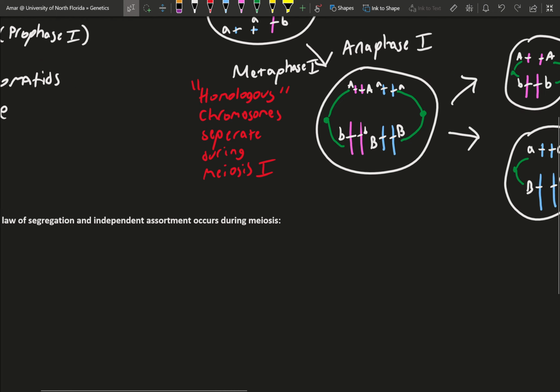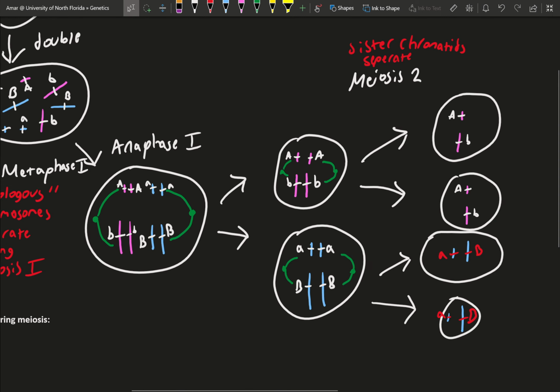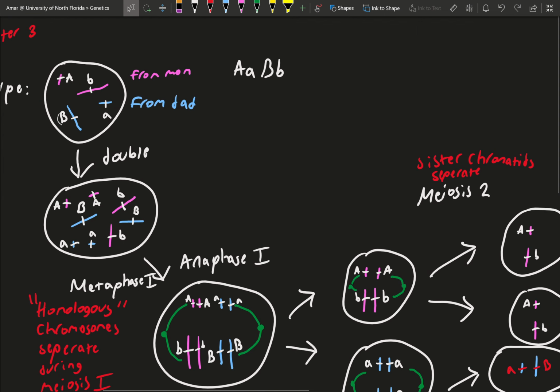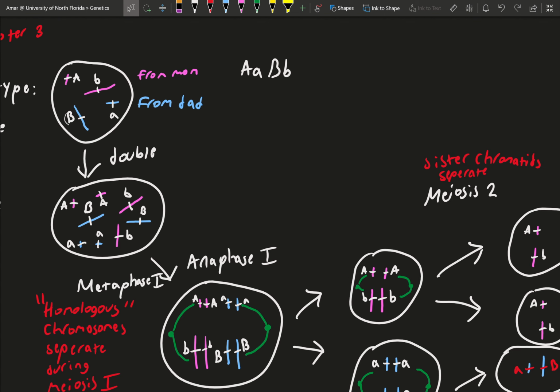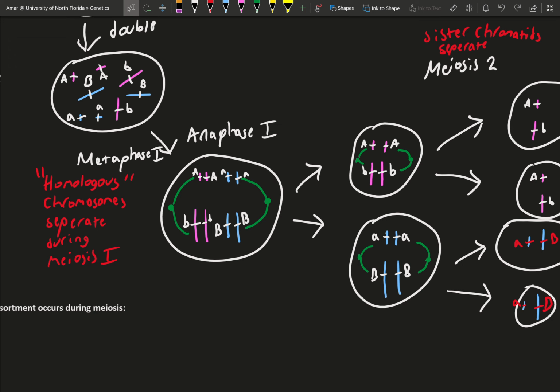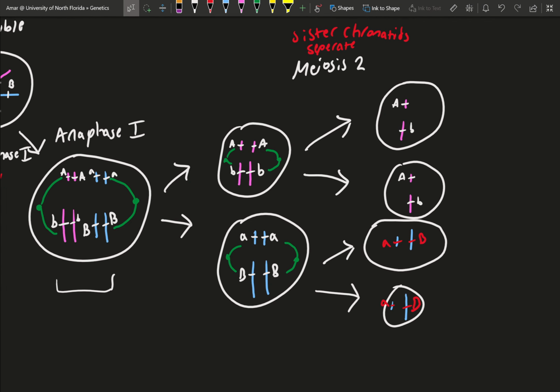So what we can do is go back over here, and the law of segregation is probably the easiest one to describe. We can only look at the big A and the little a alleles, only the A gene, and looking at how the A gene is being separated, what we can tell is that during anaphase 1, where these homologous chromosomes separate, you end up with an equal proportion of your gametes containing both.